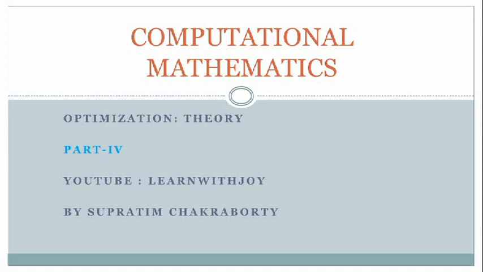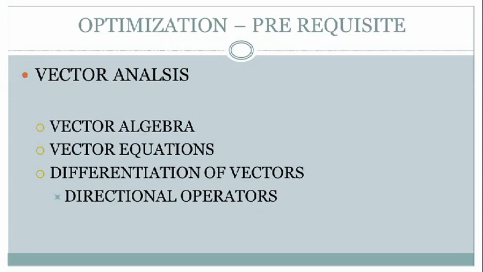Today we will learn about optimization and the prerequisite of optimization. We have already discussed in my previous video lecture that the prerequisites of optimization theory are vector algebra, matrix, and so many mathematical topics related to optimization.